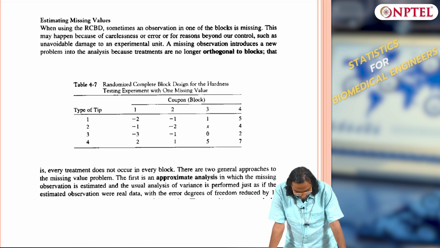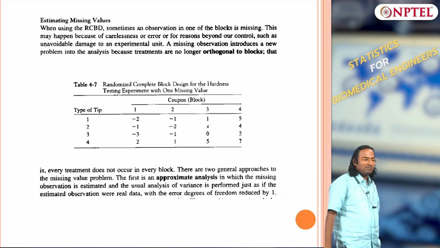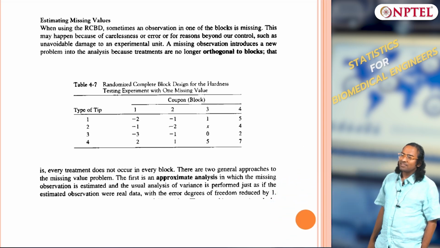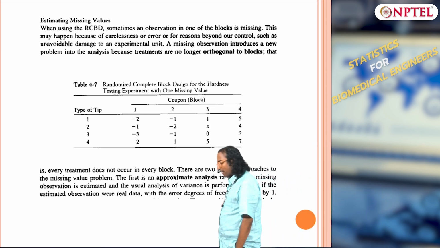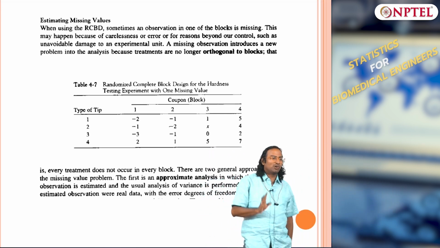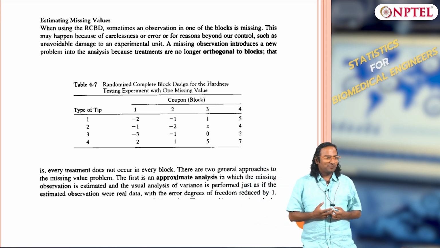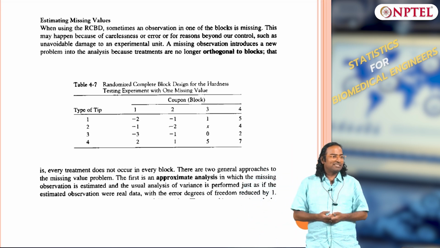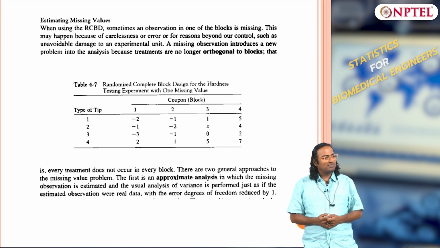So, I will do you one question. Suppose you have missing data, how do you handle it? You have experiments, some values did not come out, you are not able to observe them. Should you discard the complete experiment? I mean, I did not get the result for one experiment or one block, should I throw it away?